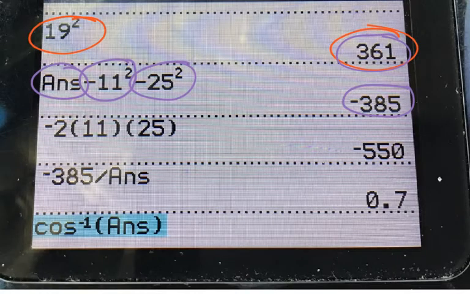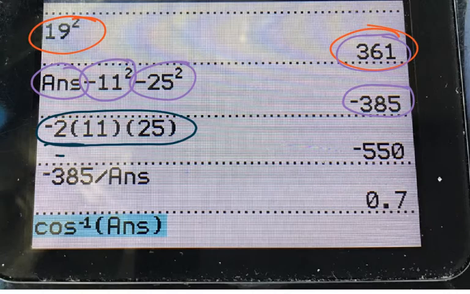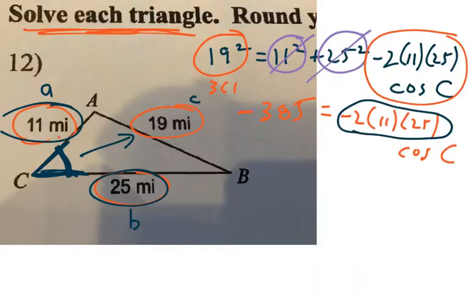So here we go. Negative 2 times 11 times 25. That's my negative 2AB part, right? Negative 550. So what I have now is negative 385 equal to negative 550 cosine of our missing angle C.